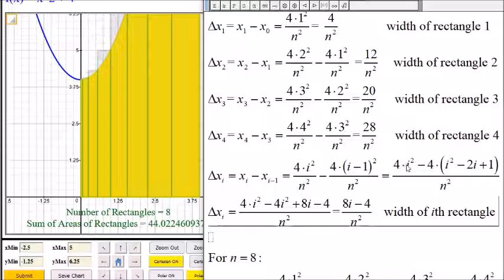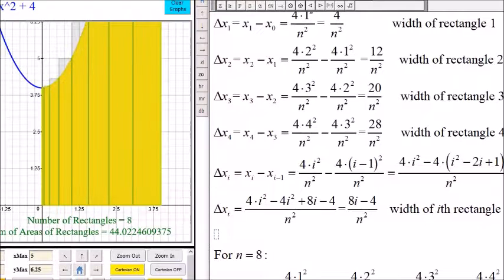And this becomes 4i squared, and then i minus 1 squared is i squared minus 2i plus 1. And then multiply this out, we get 4i squared minus 4i squared plus 8i minus 4. 4i squared minus 4i squared is 0, and so what's left is just 8i minus 4 over n squared. And so delta x of i, which is the width of the ith rectangle, will be 8i minus 4 over n squared.